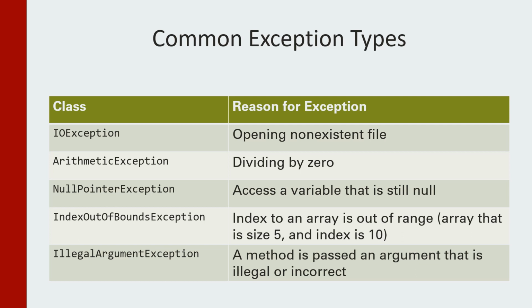IndexOutOfBoundsException, trying to index to an array that goes out of range. And IllegalArgumentException, which we've seen a little bit before when our methods are given arguments that are not the way that we want them to be. Good. So basically, when you have your try-catch, you can put whatever exception you need to have in there.